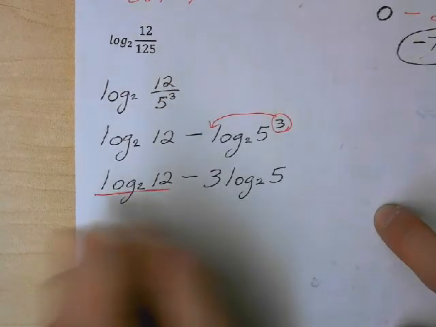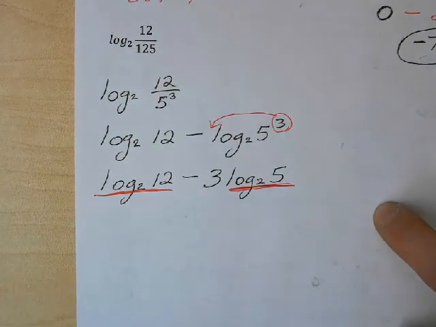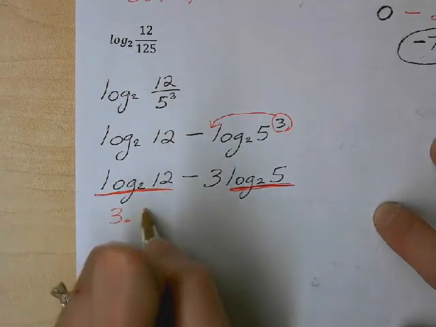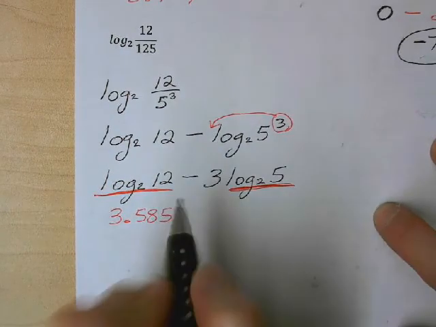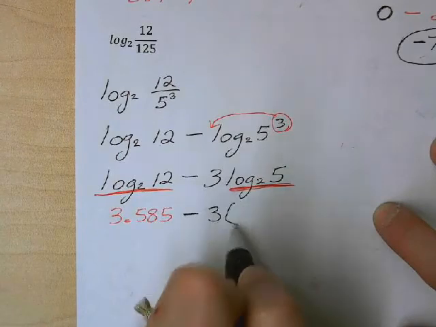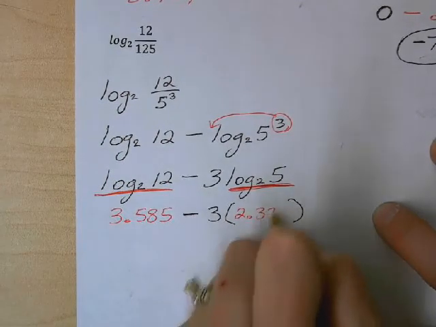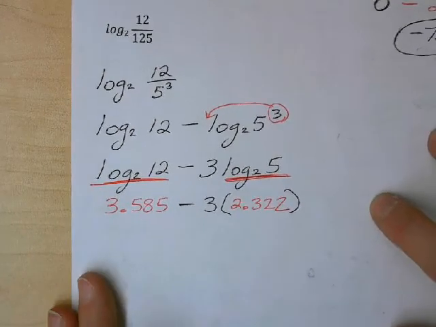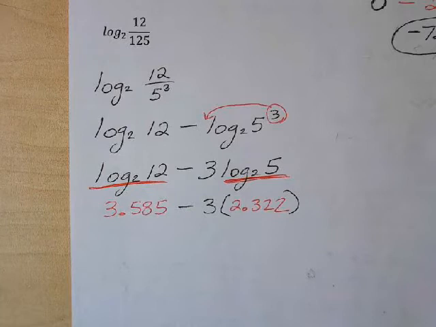Up above, they tell you decimals for these. They tell you that log base 2 of 12 is 3.585, and then they tell you log base 2 of 5 is 2.322. So then you just plug in those values and you'll get an answer off the calculator.